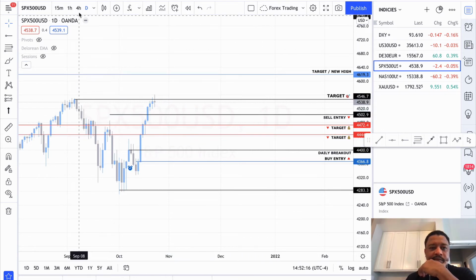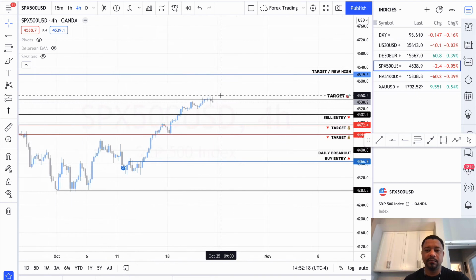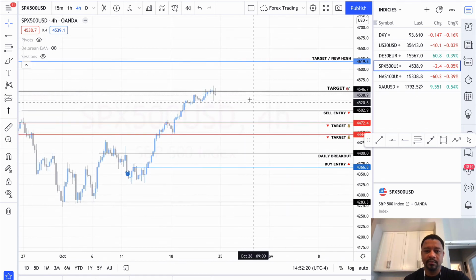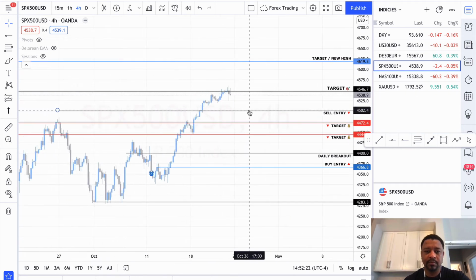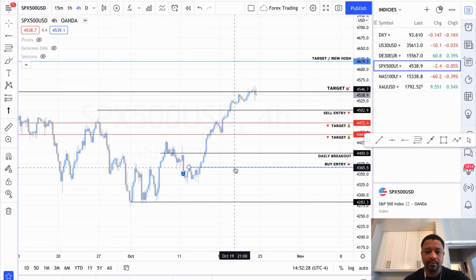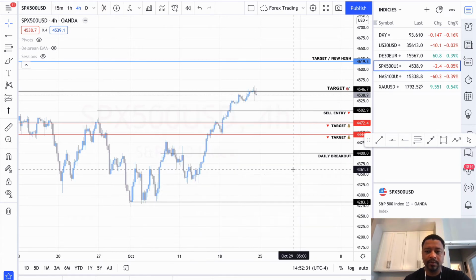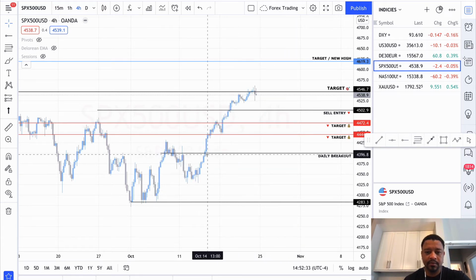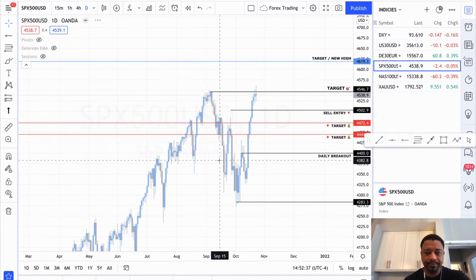Clean this up. So this is gone now. This was the daily breakout.